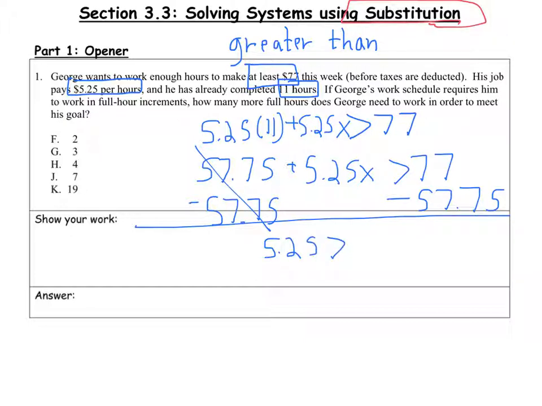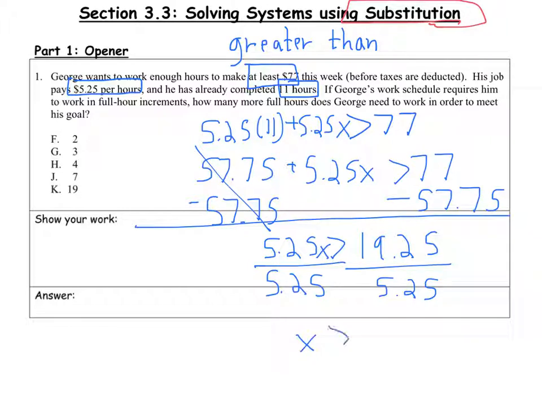So we get 5.25x is going to be greater than 77 minus 57.75, which is 19.25. Whoops, forgot the x, that's kind of important. So 5.25 times x means I will divide each side by 5.25.